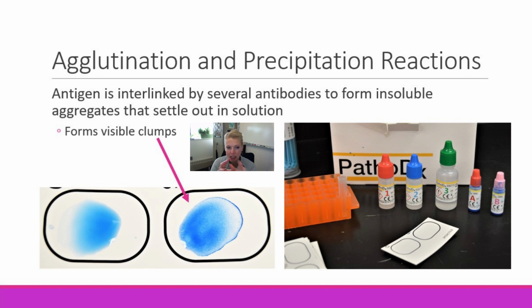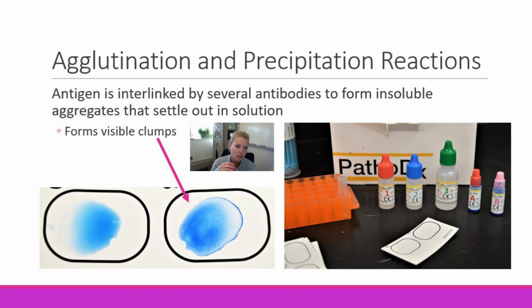And so the picture I have shown here, we're looking at a strep typing kit. And so we have group A strep and we have group B strep antibodies, and we're mixing them with different bacteria. So the antigen is on the bacteria, and if the antibodies recognize it, then they'll be clumping.